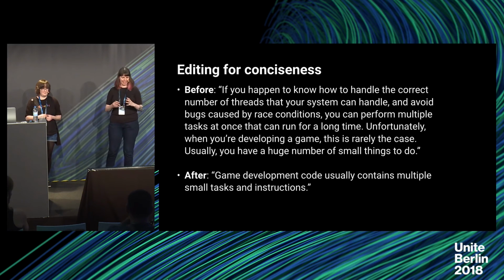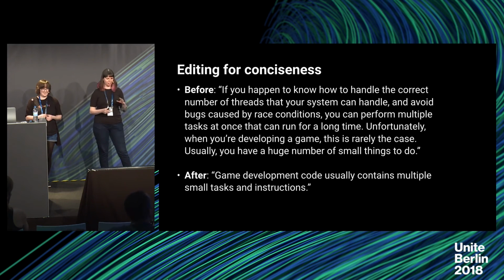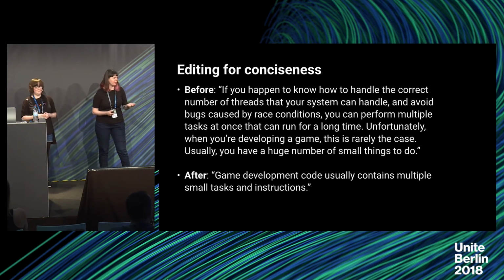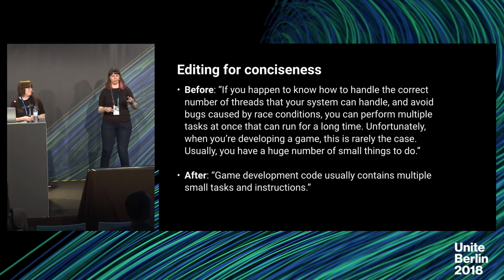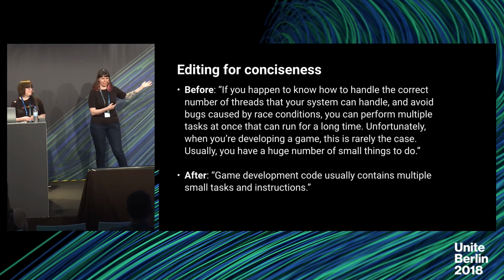Unfortunately, when you're developing a game, this is rarely the case. Usually, you have a huge number of small things to do. Okay, this is long, and a lot of it, when you look at it, is padding. In fact, almost all of it is about something that isn't the case. This isn't relevant information. We're talking about what could happen and isn't happening.